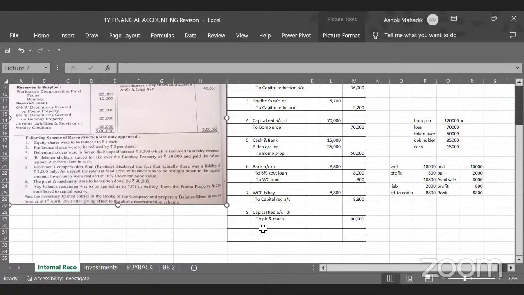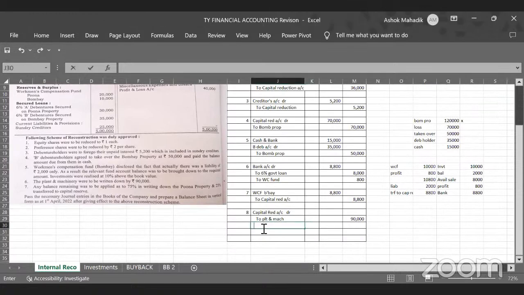So we can write off that now. We'll combine the entries to P&L account, 40,000. So total is 1,30,000 here. Okay, we go to next one.